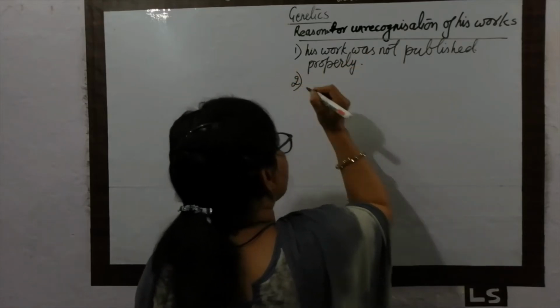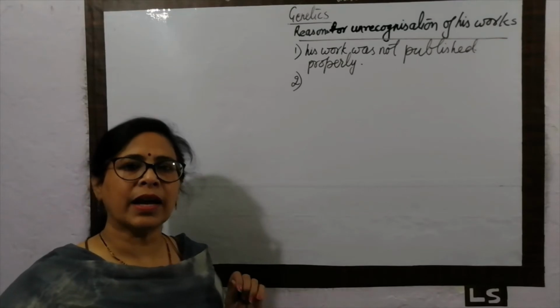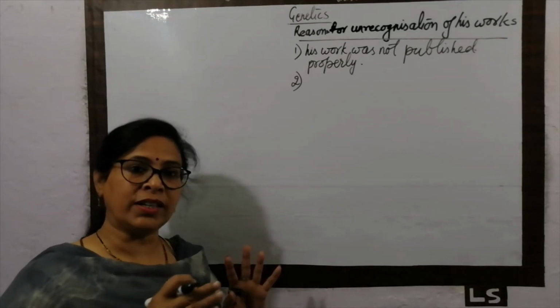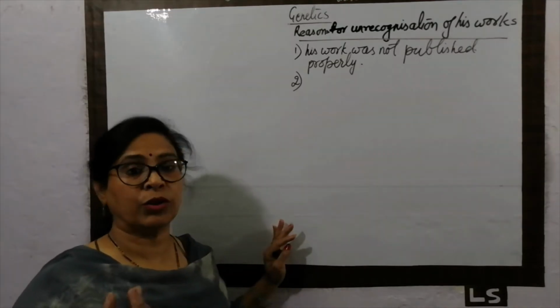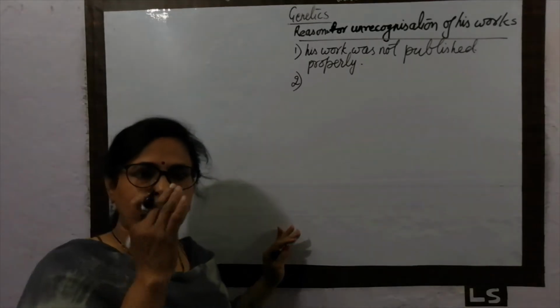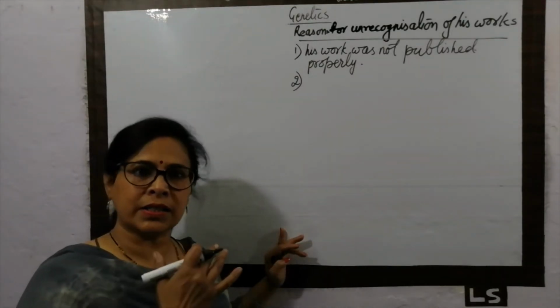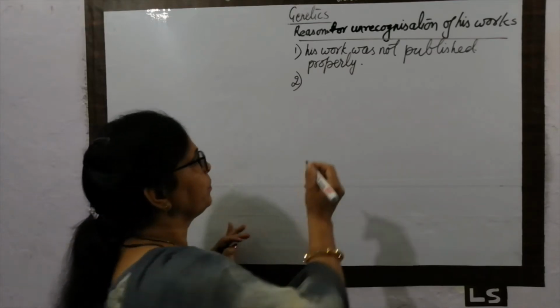Okay. Now what is the second reason? The second reason is that he was a mathematician. So his calculation and tabulation were very perfect. When we study the law, we must notice all this. He was a mathematician, and so all the biologists of that time did not accept his work.